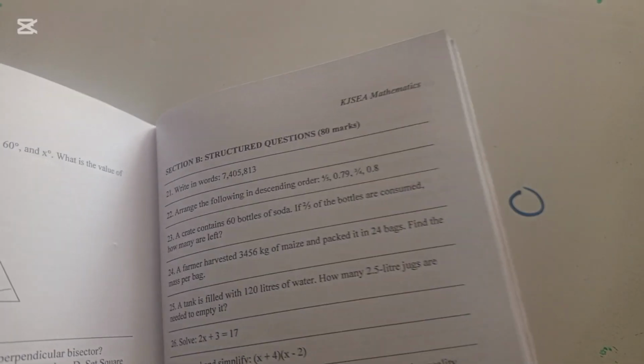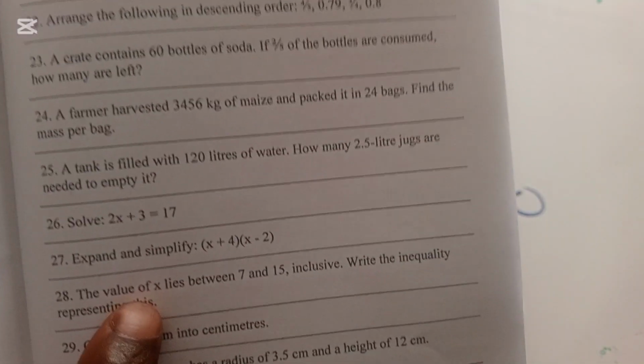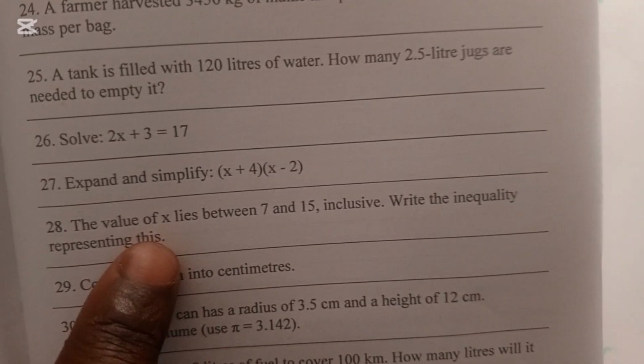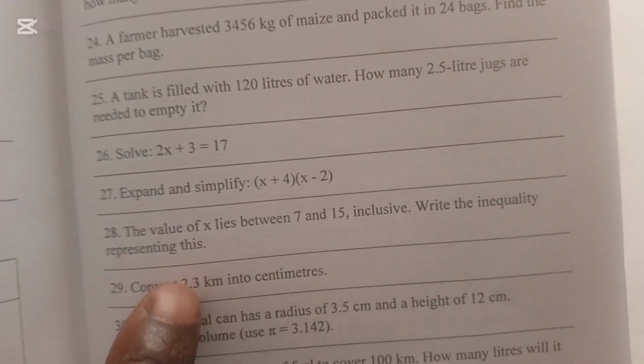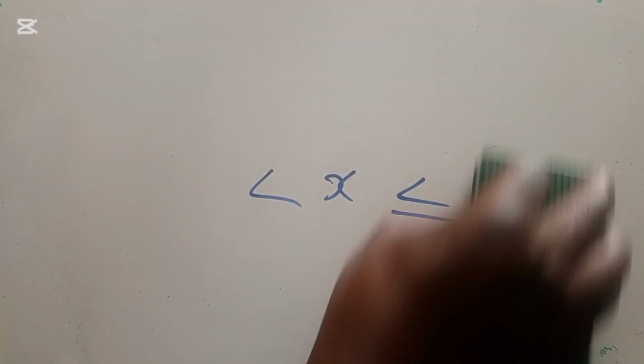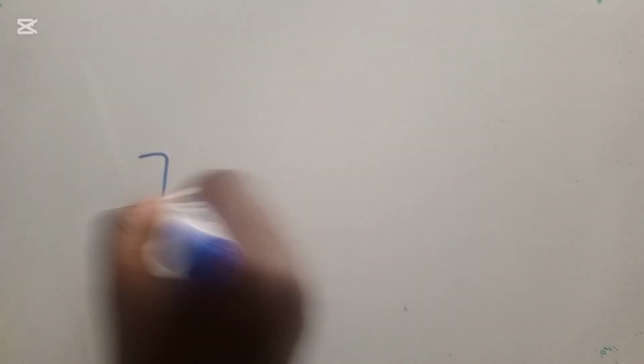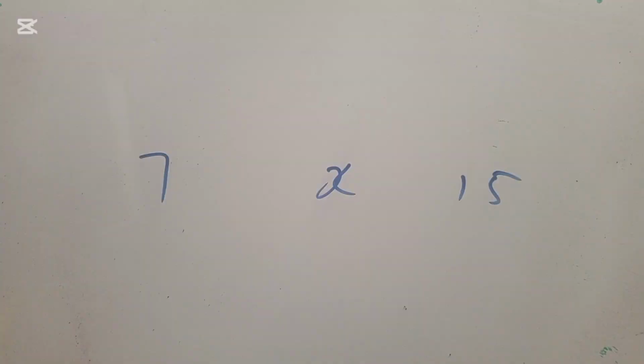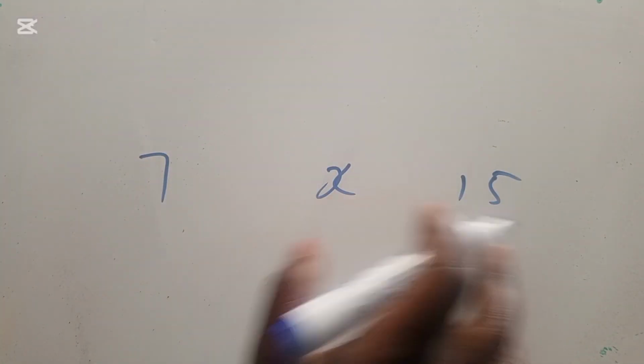Yes, question 28. We are told the value of x lies between 7 and 15, inclusive. Write the inequality representing this. Inclusive. So you will have 7, x and 15.